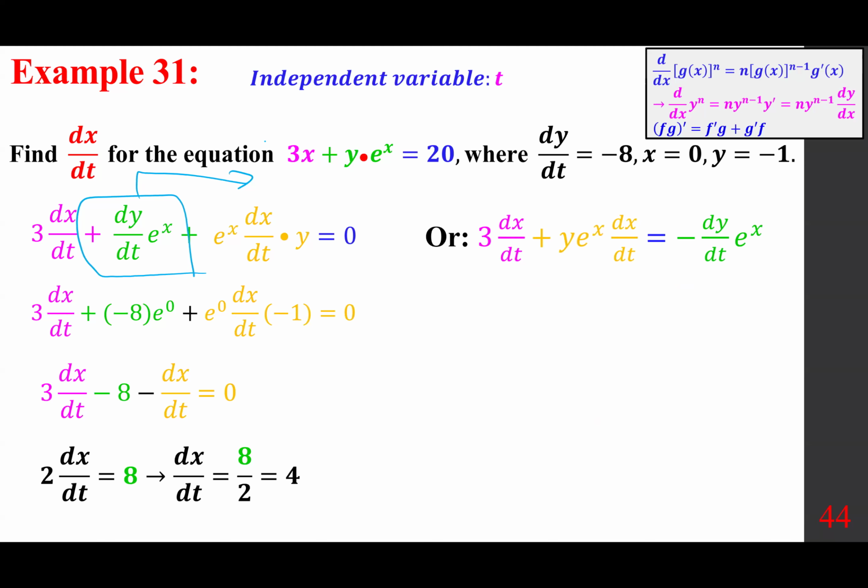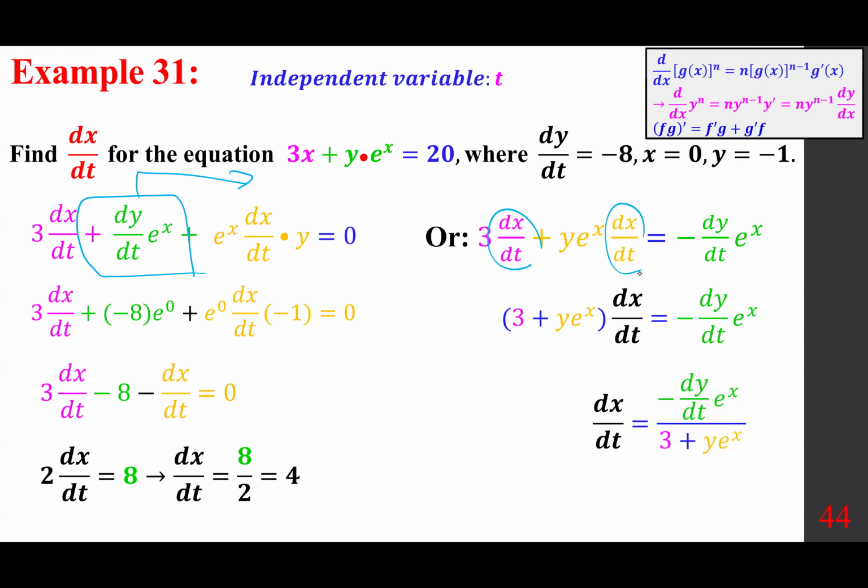You're solving for dx/dt, so keep that and factor it. So you get (3 + y e^x). Divide the right side by the parentheses 3 + y e^x, and that's dx/dt. If you plug in now, you get exactly the same thing as last time, as I mentioned. So you can practice that.